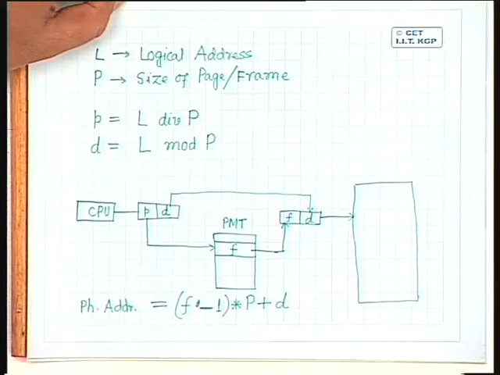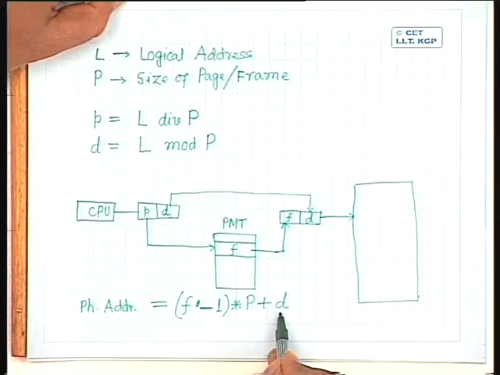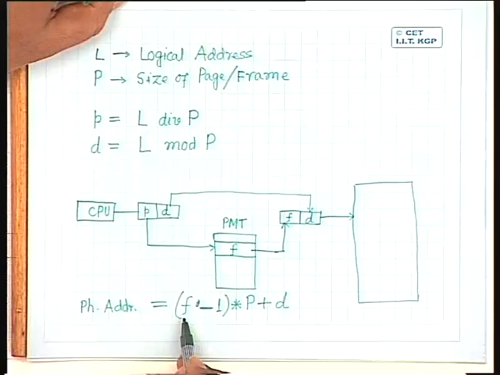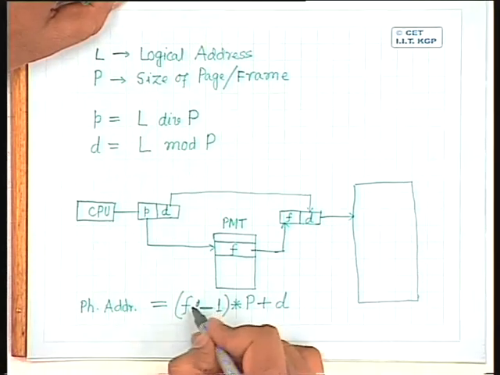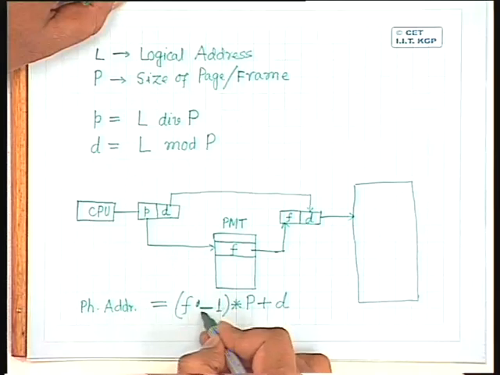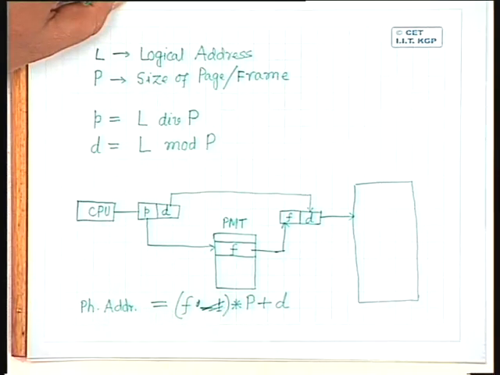We are starting frames from 1, that is why F minus 1. If you start from 0, in that case minus 1 is not needed. But if you use frame numbers from 1, then you need minus 1. So the physical address within the main memory will be F multiplied by P, assuming the first frame is the 0th frame, plus the offset within the page, that is d.